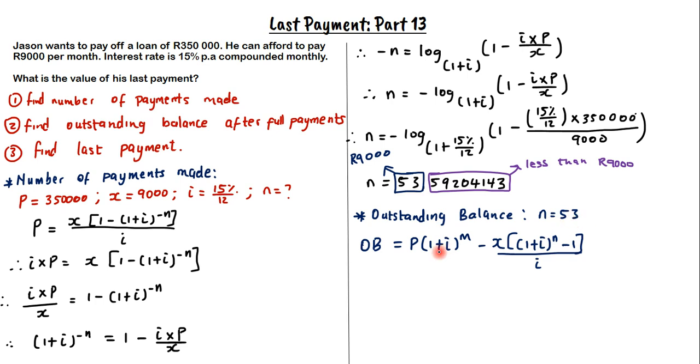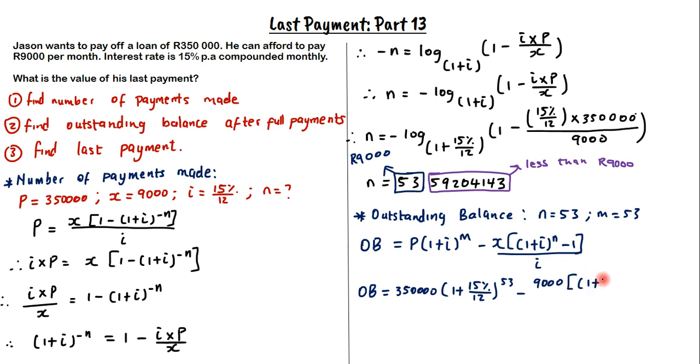So this will help us find the outstanding balance after that. Right, so let's go ahead and substitute. So we have 350,000 rand into (1 plus 15% over 12) to the power of 53, right? Then n is also 53.